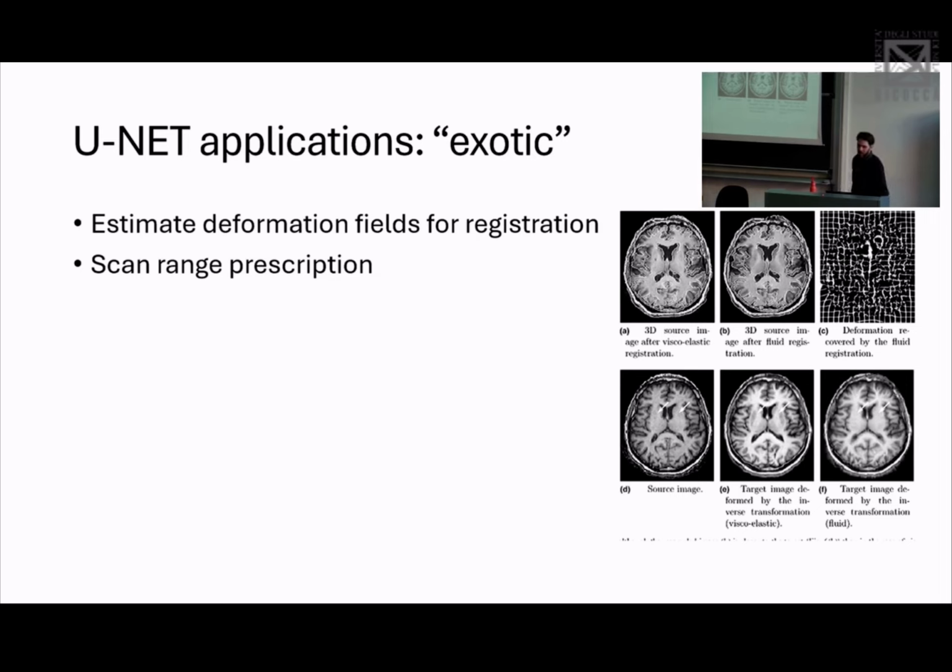So for other applications, you can really get creative. There are some standardized atlases to realign the brain for neuroscience studies. And you want to deform each brain to this reference map.